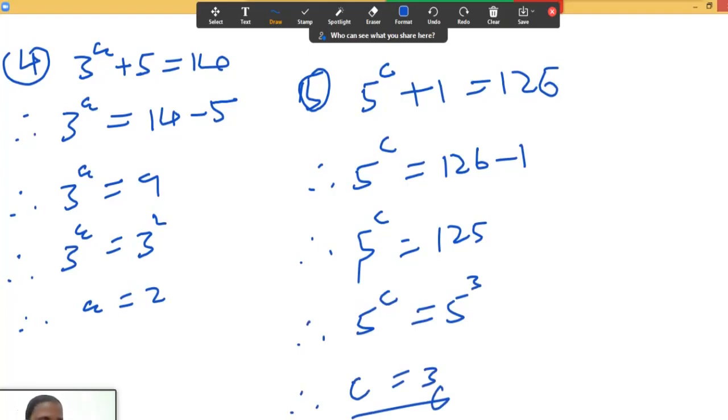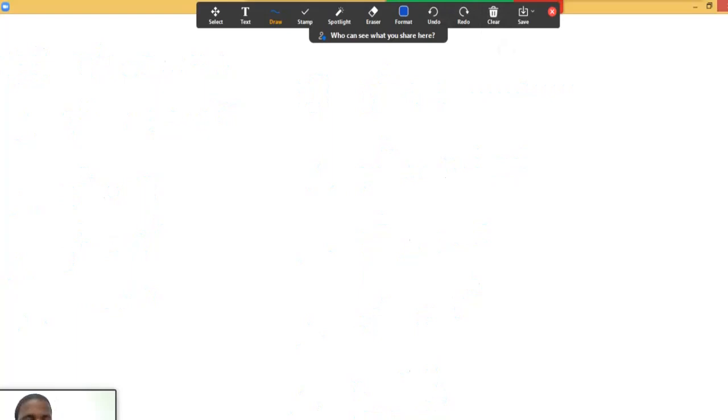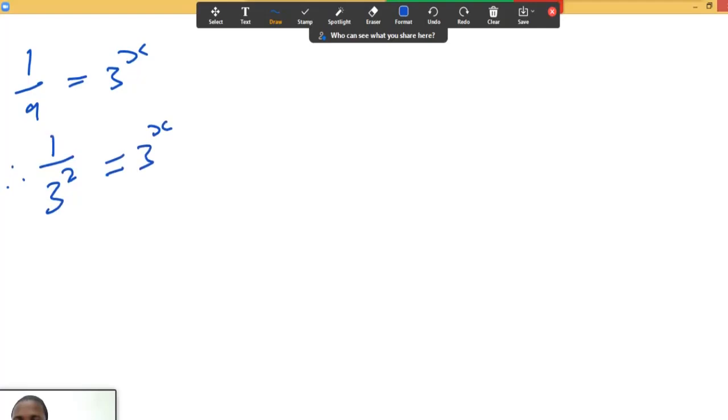Let's see if we can find something else. Okay, let's try to find something interesting here. This is very interesting because we're looking at 1 over 9 being equal to 3 to the power x. So what do we do now? This is an introduction of fractions to the normal problems we have been doing previously. We can say 1 over 3 squared is the same as 3 to the power x.